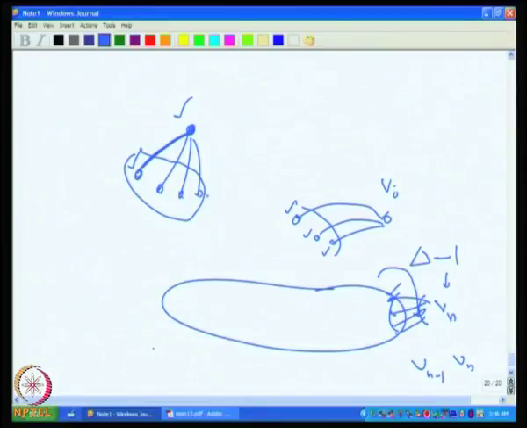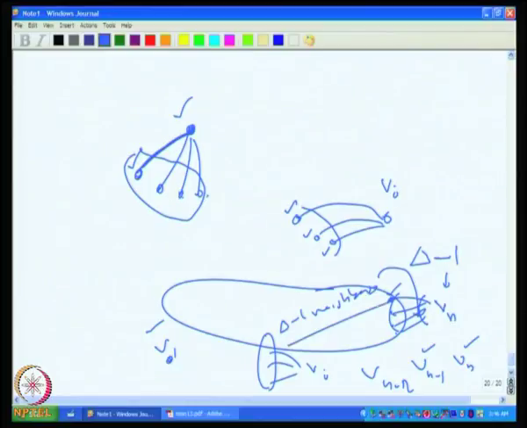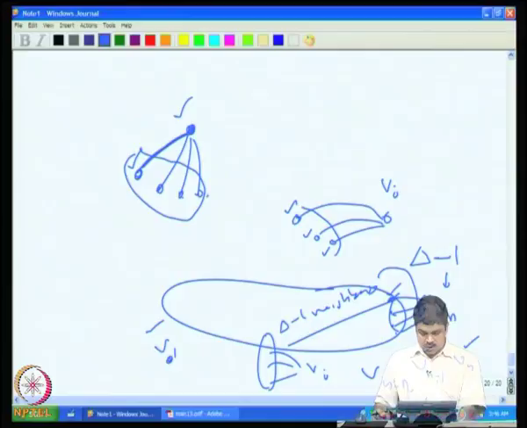So, every time I will be seeing only delta minus 1 neighbors. You can see in this order, if the reverse order is Vn minus 1, Vn minus 2, and so on. Now, if you start eliminating vertices starting from V1 onwards, it is very clear that every vertex Vi will be seeing only at most delta minus 1 neighbors in its neighborhood.